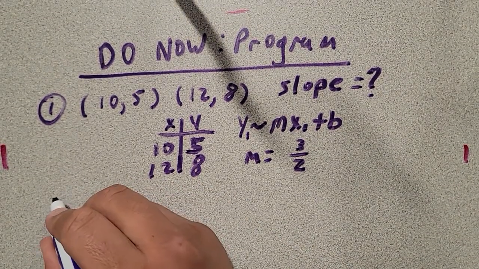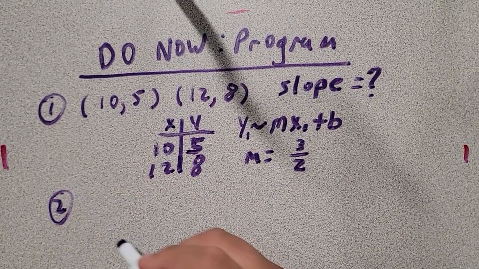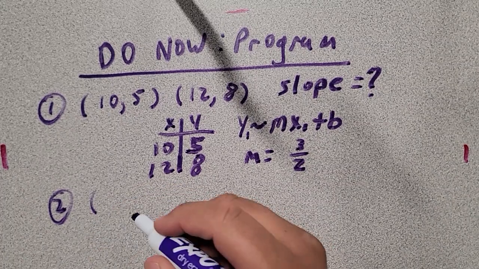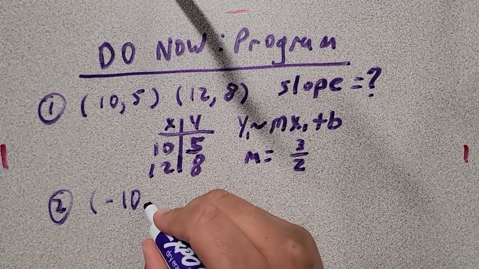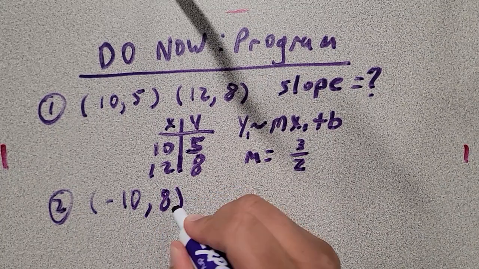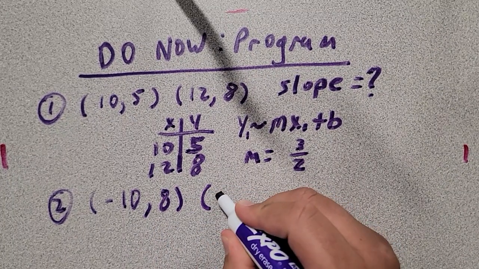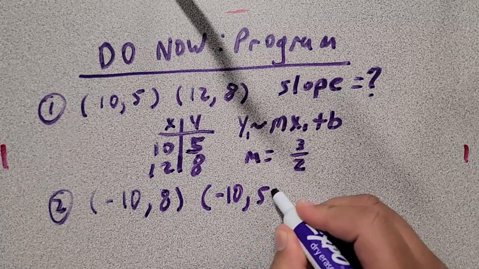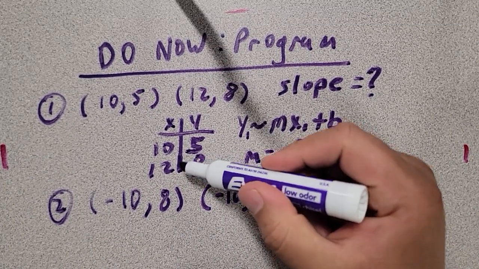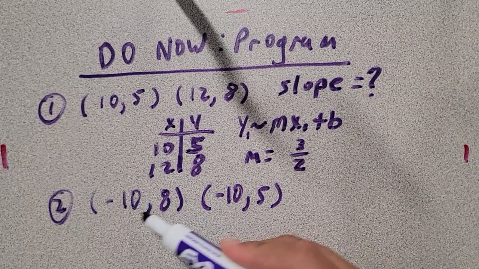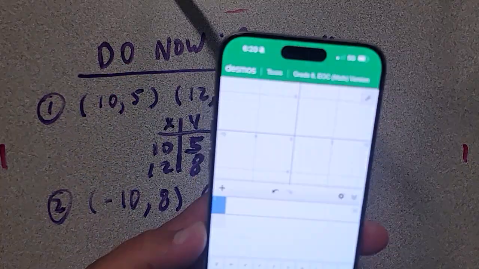All right, let's try something like this, and let me show you how they're trying to trick you here. So let's go parentheses, let's do negative 10, parentheses 8. And then the next point is negative 10, parentheses 5. So let's go ahead and let's put these in the table. So negative 10, 8 goes first.